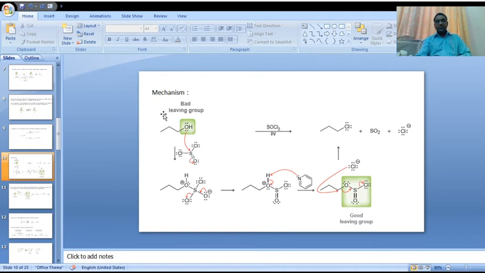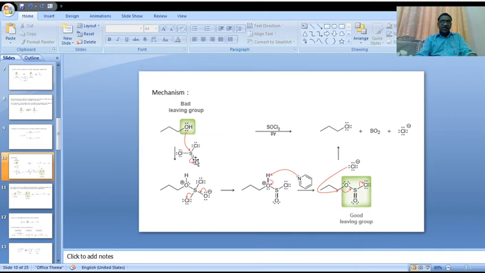Here please observe the primary alcohol. It is a bad leaving group. This primary alcohol reacts with thionyl chloride. This is the actual structure of thionyl chloride, SOCl2. The hydroxy oxygen's pair of electrons donates to the sulfur atom.